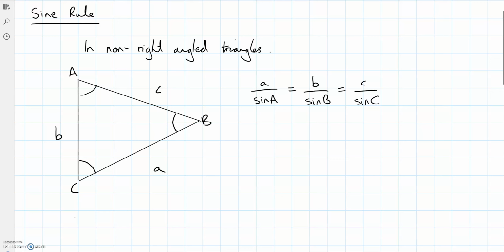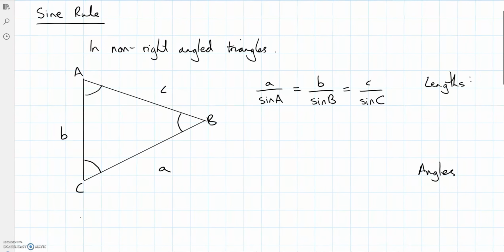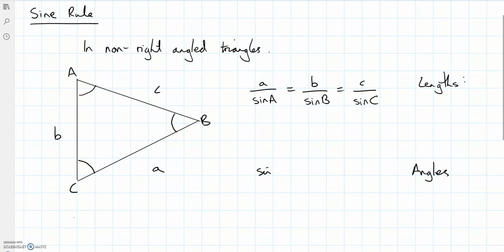It'll become more apparent when we start looking at examples. It always becomes a bit easier. But that is your sine rule. In this form, it is useful for finding lengths, but we can also use it to find angles. So we can also use it in the form sine A over a equals sine B over b equals sine C over c.